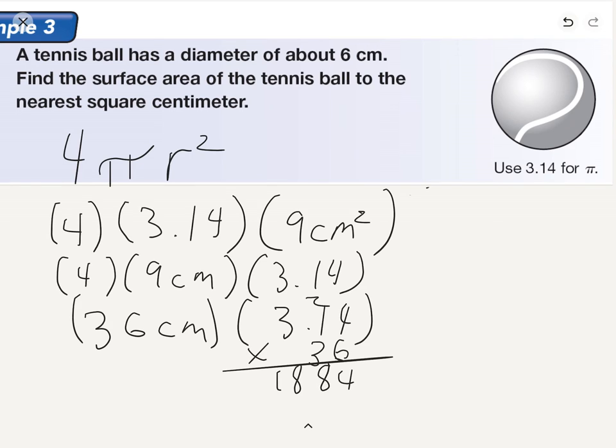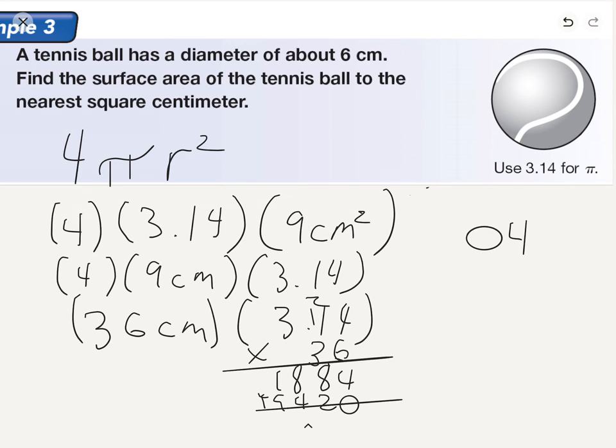Then 18, and then 0. So that'll be a 4. I'm a little tired here. 3 times 1 plus 1 will be 4. 9.